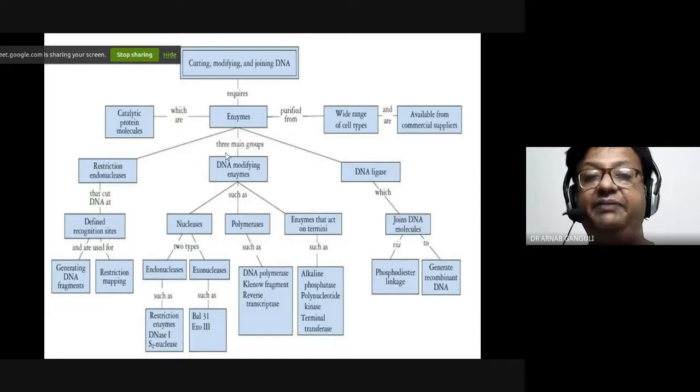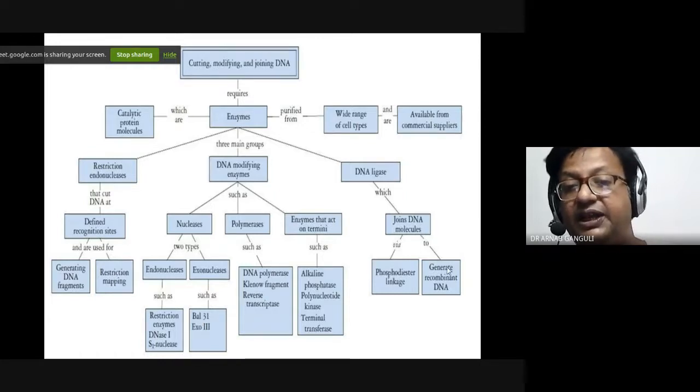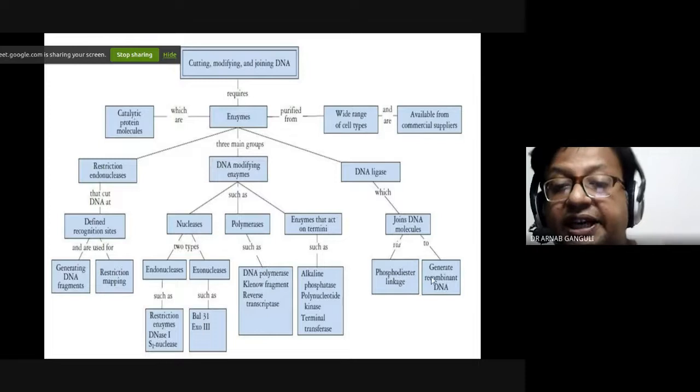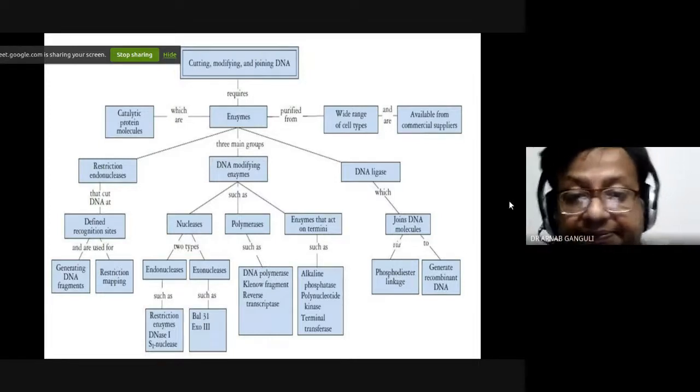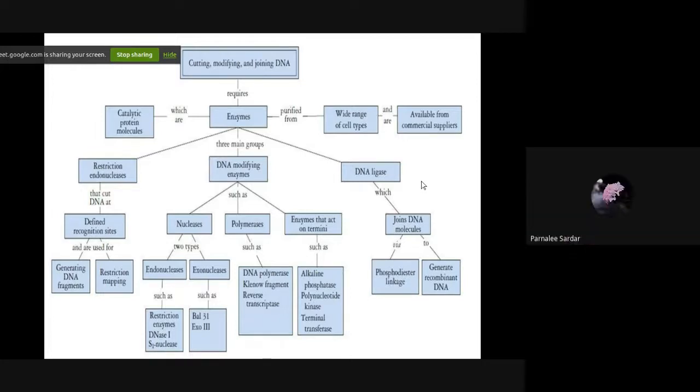So these are the DNA modifying enzymes. And you have DNA ligase, which joins DNA molecules, forms phosphodiester bonds, and is used to generate recombinant DNA. Clear? Yes, sir. Okay.